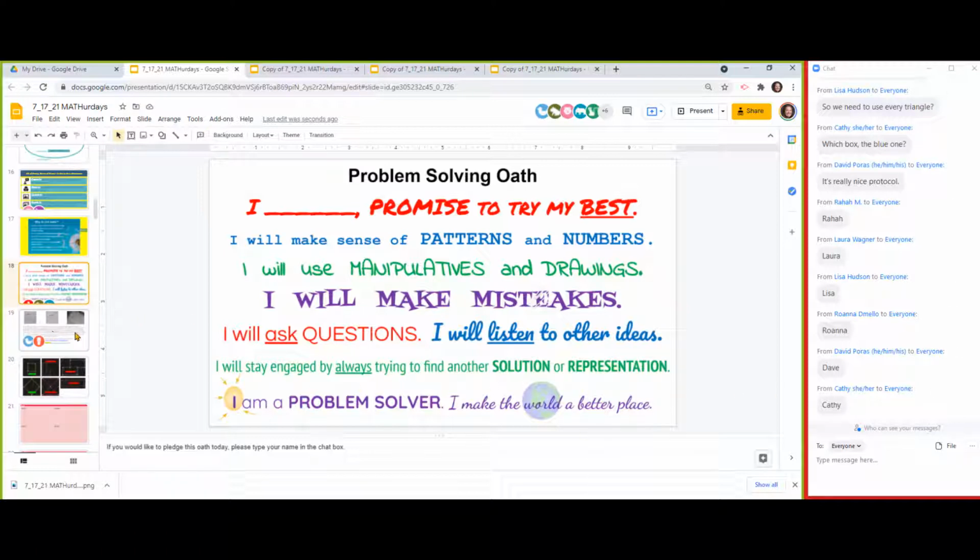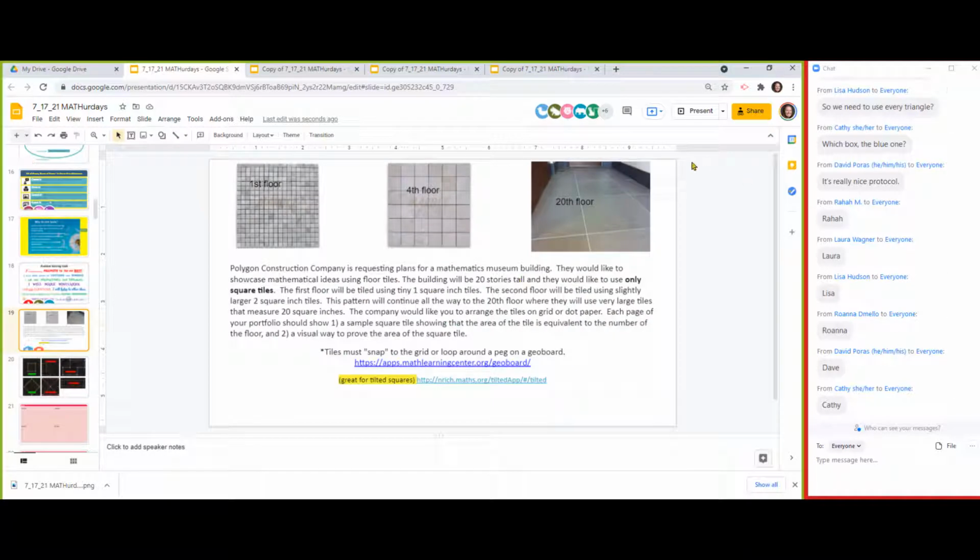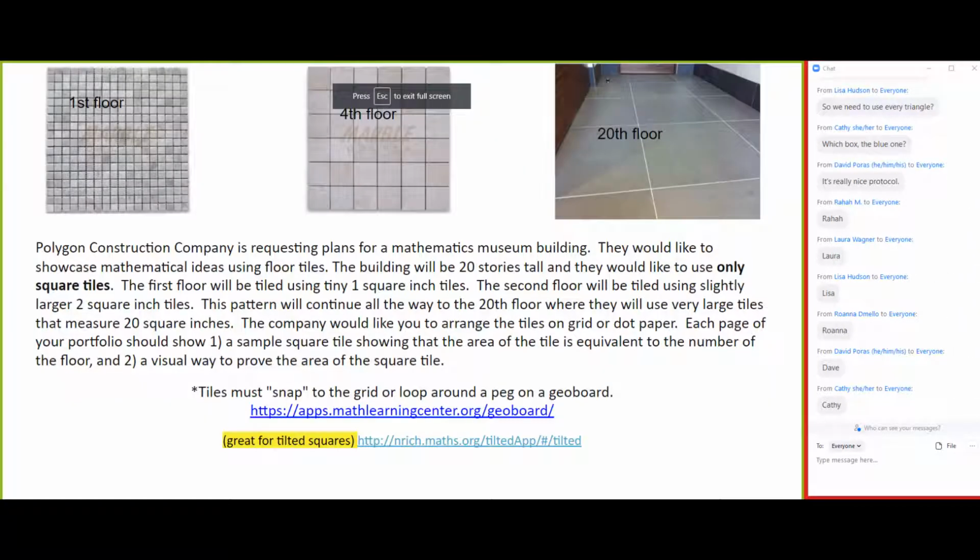And our task is on the slide below. So this place, Polygon Construction Company, is requesting plans for a mathematical museum building. They would like to showcase mathematical ideas using floor tiles. The building will be 20 stories tall, and they would like to use only square tiles.